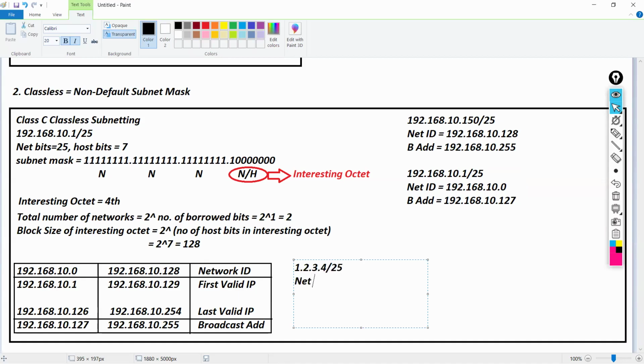What if, let's say, an address like this is given? Then what would be the network ID and what would be the broadcast address? Not possible, what I said? Doesn't matter whether you're doing classful or classless subnetting, just focus on the CIDR and forget the IP address.